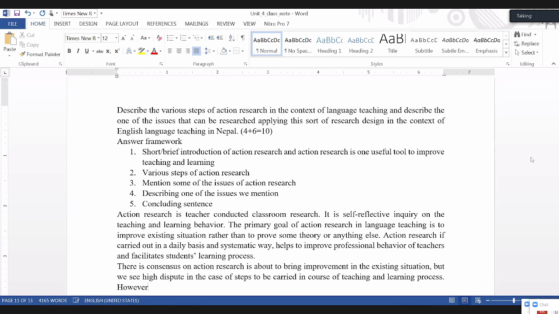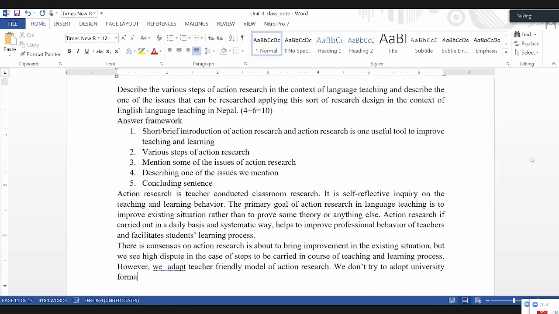However, we adopt a teacher-friendly model of action research. We don't try to adopt the university format of action research.